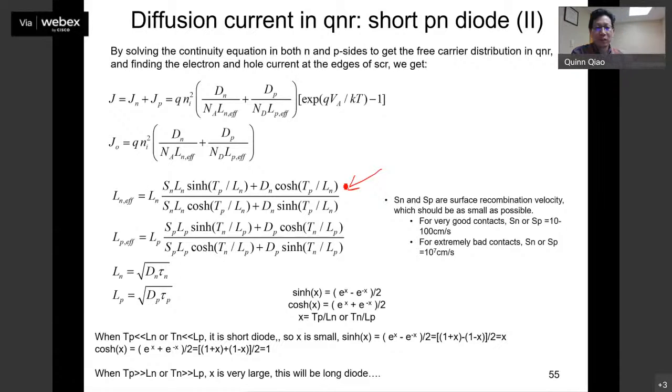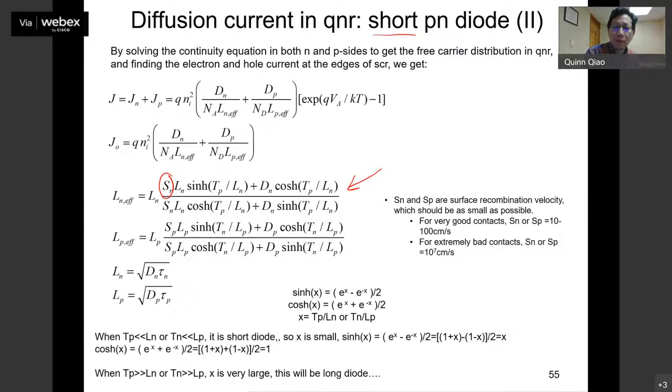This probably I would suggest you take some reference. They will give you very specific details on how they derive this. Okay. As we have seen in the numerical, sometimes when the surface recombination is less, the effective diffusion length is more than the thickness of that layer. Is this assumption correct? See, this is a short diode, right? In a short diode, the effective diffusion length should be longer than the thickness. Is that your question?